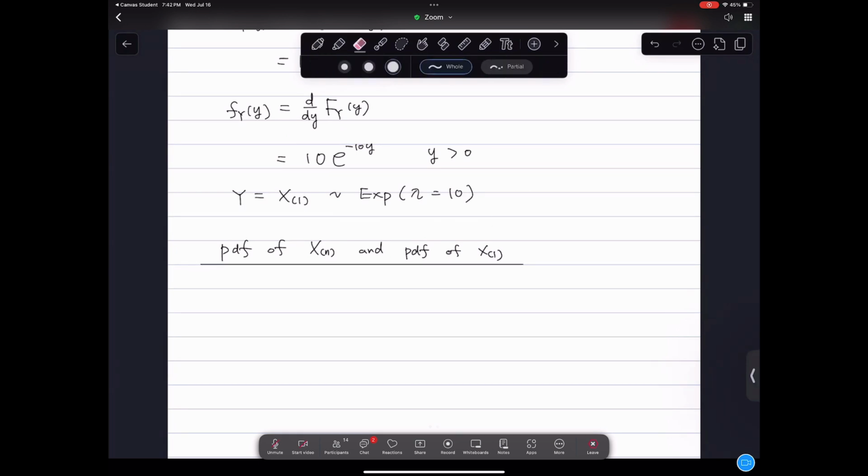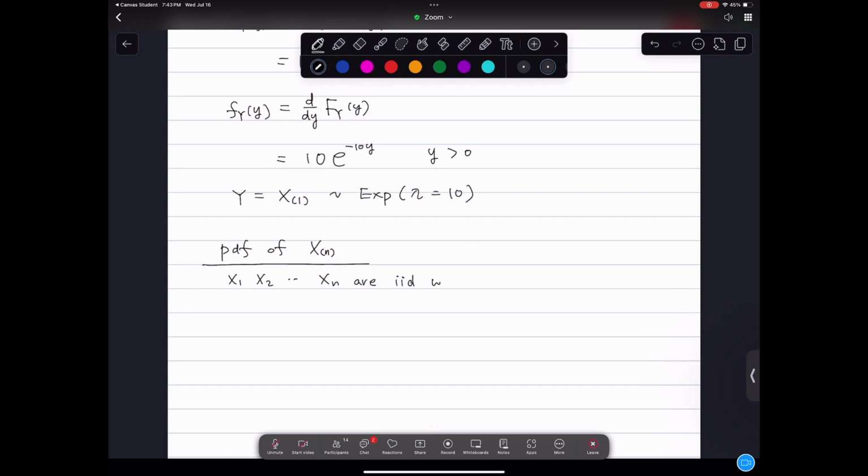Let's start from here. We want to go with the first, the largest order statistic. So I think I've given you a little bit of concept there. So I can imagine X1, X2, Xn are IID.